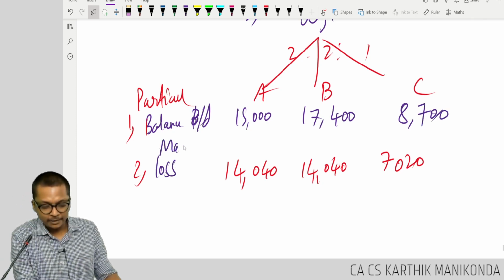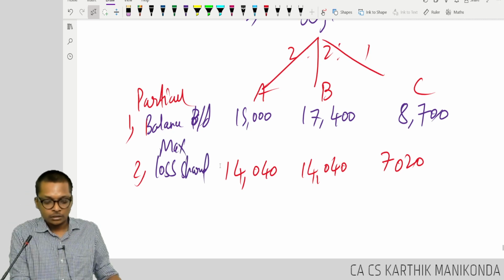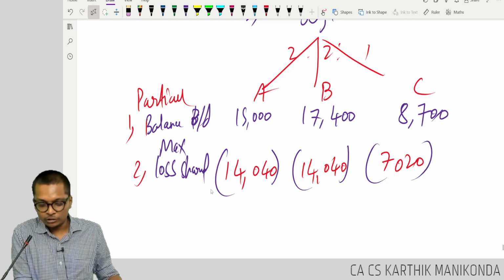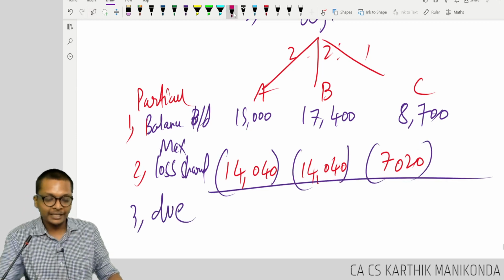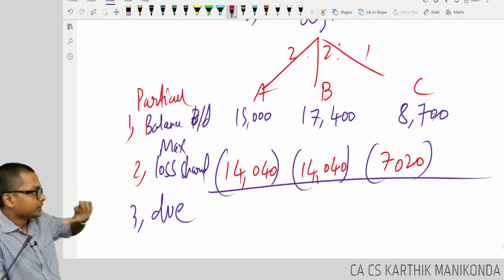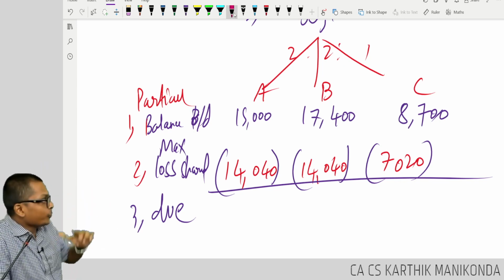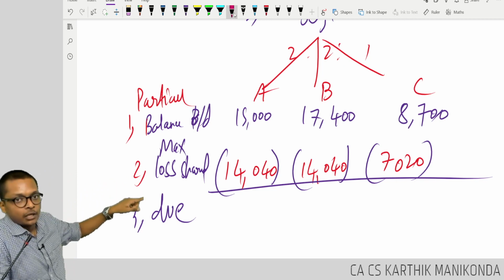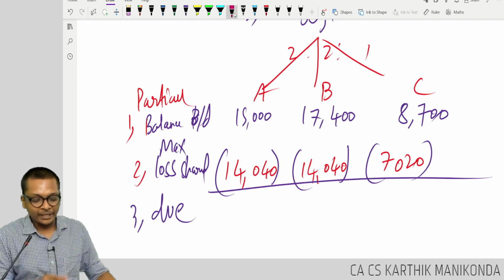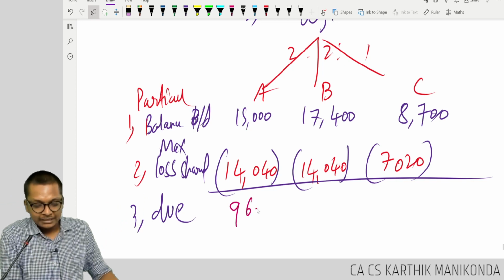Loss, the maximum loss shared for each party, what you computed. Therefore balance due, guys. Look at this. The meaning of this is, I have to pay A 15,000 rupees, but his loss is 14,040, so I can pay him only 960.